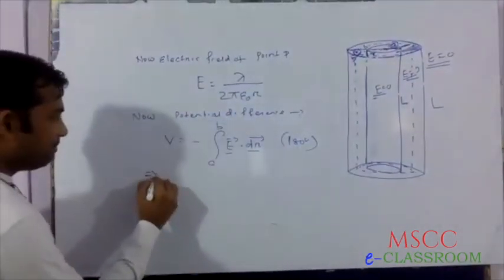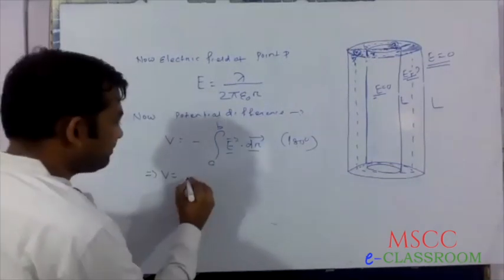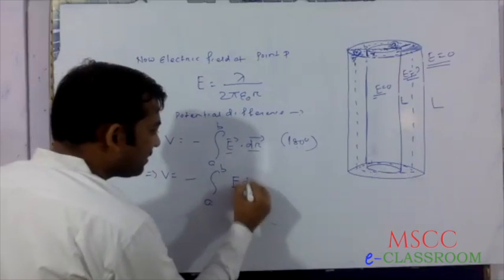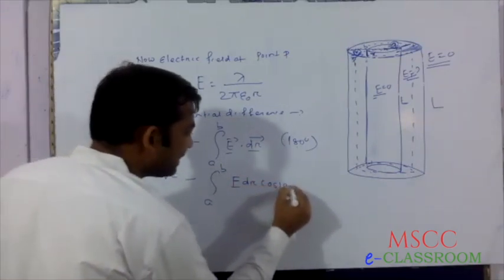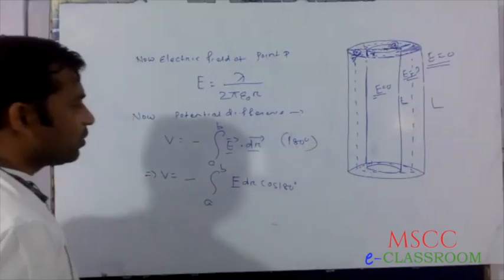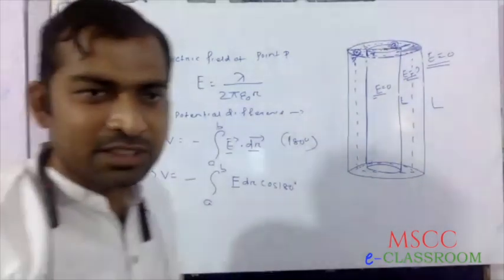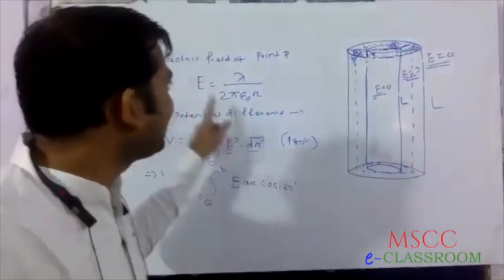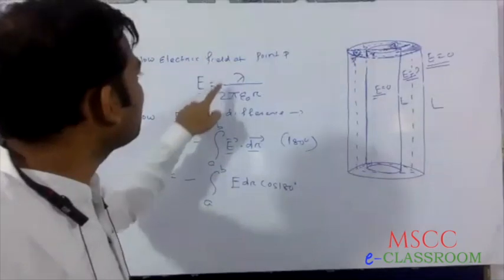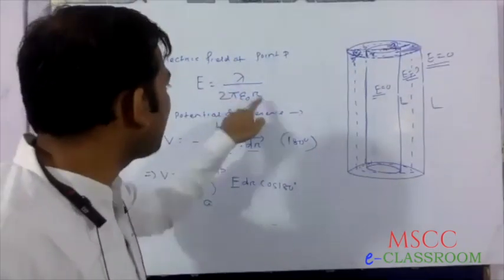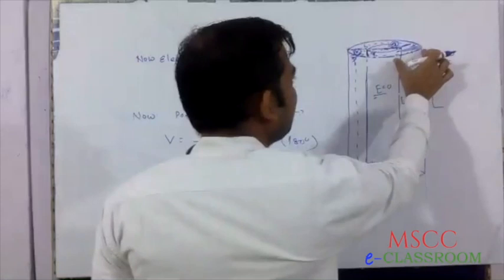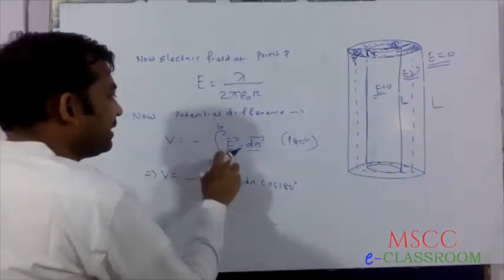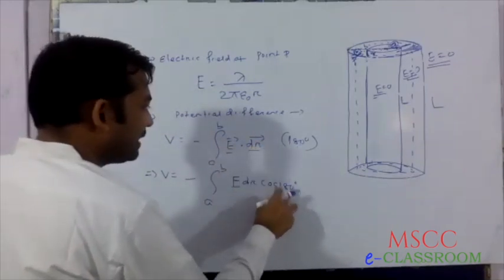Therefore V equals minus A to B E dr cos 180 degree. Quick, write down quick. Electric field at any point P, E equals lambda by 2 pi epsilon naught R. Potential difference between two plates V equals minus limit A to B E dot dr, E dr cos 180 degree.